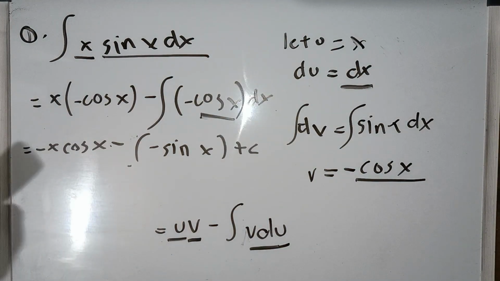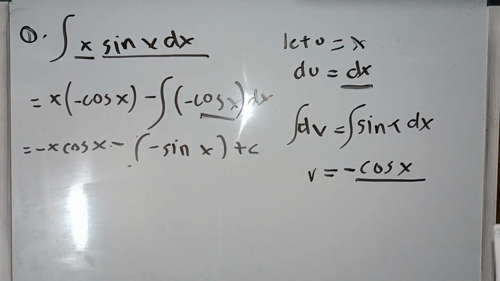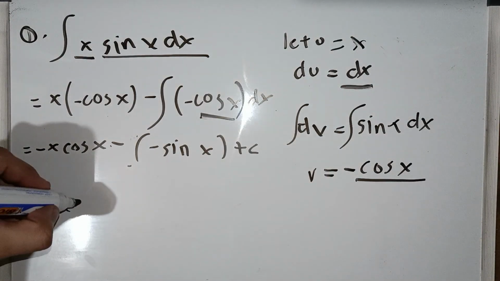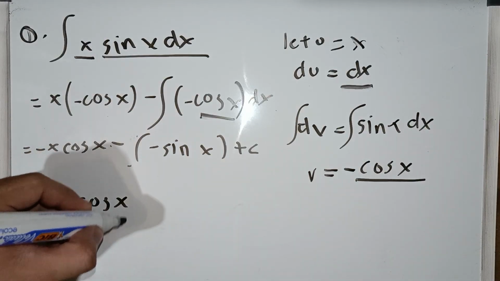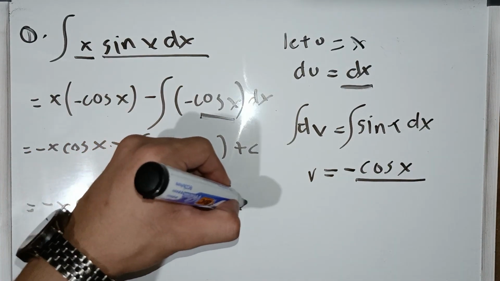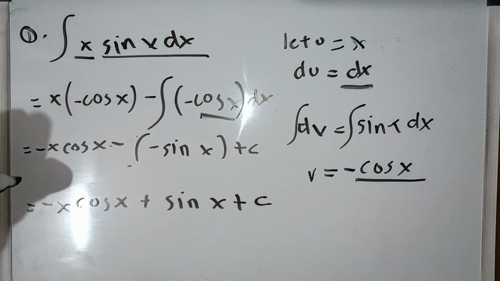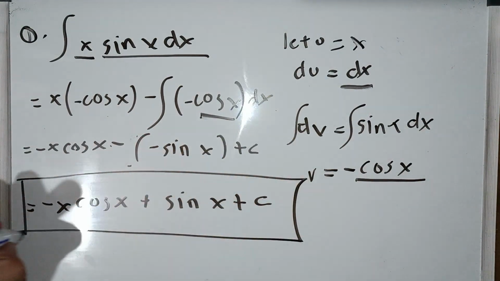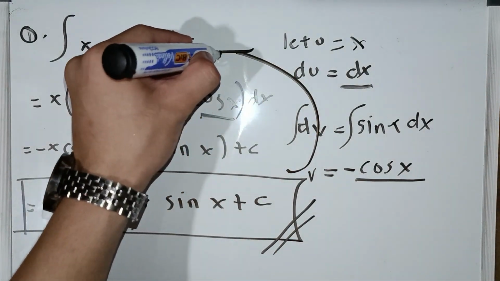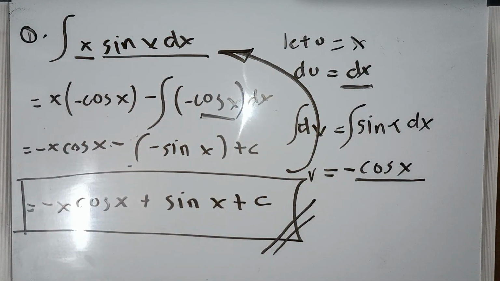So now that is equal to negative x cosine x plus sine x plus c. This is now the integral that we get from the given problem, the integral of x sine x dx, using integration by parts. Now let's go to our second problem.